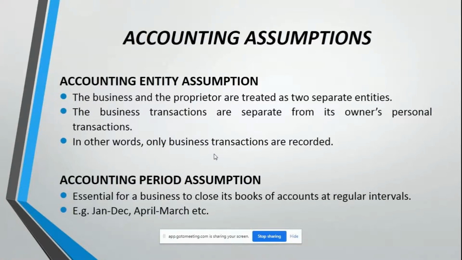Very simple. I'll give an example of a family business. Let's say your family is running a business for all these years. It can be garments, furniture, or a departmental store.